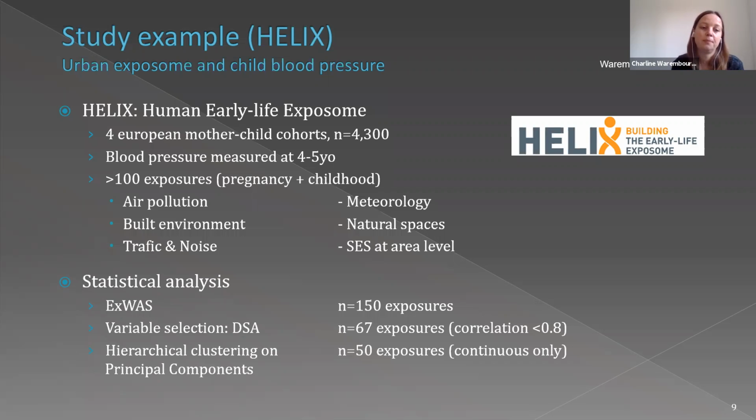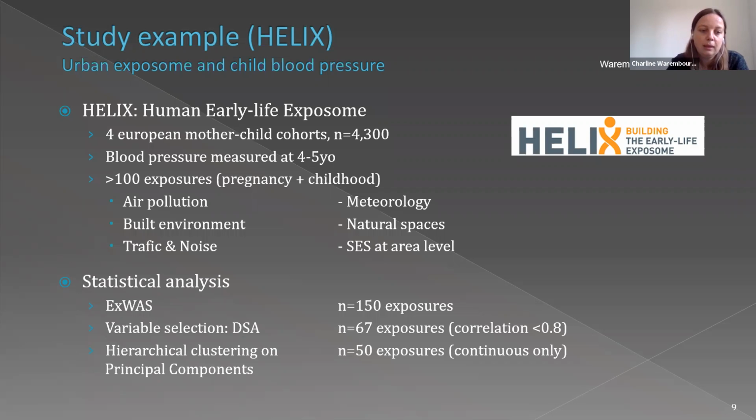And following the ELIX statistical protocol and the simulation study I just presented, we used 3 complementary approaches to explore the association between all these urban exposures and the blood pressure, including an ExWAS analysis with 150 exposures, a variable selection technique, so the DSA algorithm, where we excluded from the original set of exposures the exposures that were correlated at more than 0.8 with another exposure.